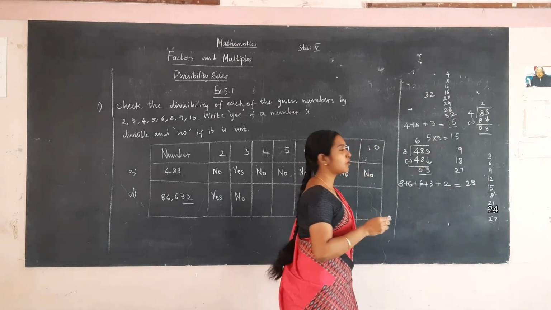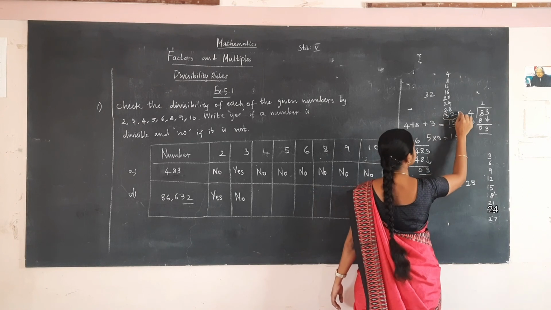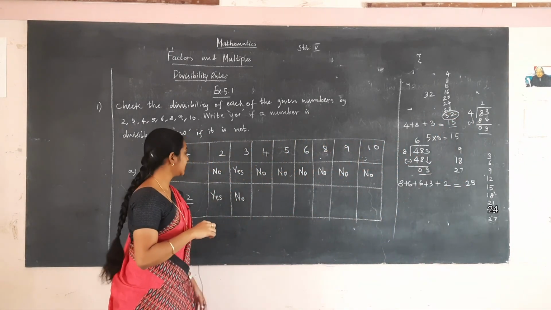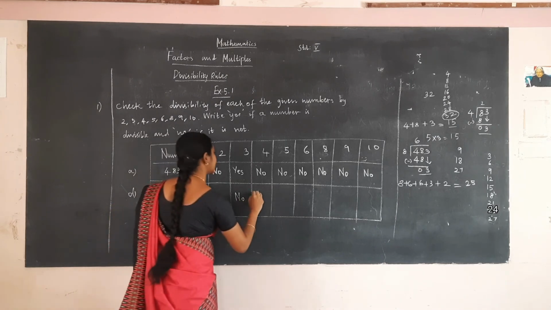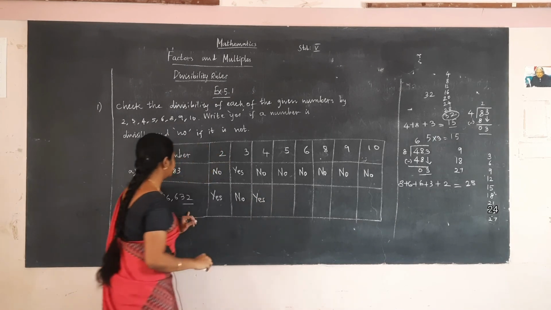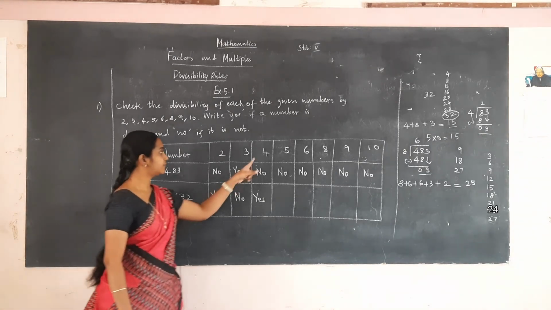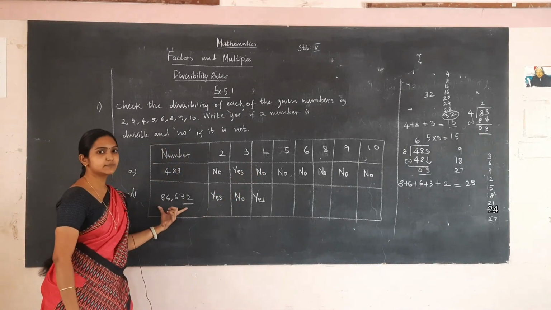In multiples of 4, we can find the number 32. So the number is divisible by 4. So write yes. We have to look at the last 2 numbers. If that number is divisible by 4, then the whole number will be divisible by 4.